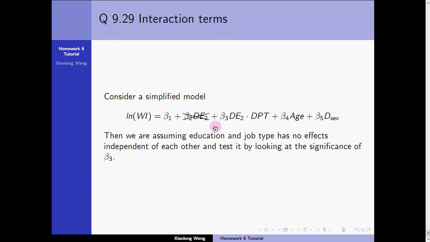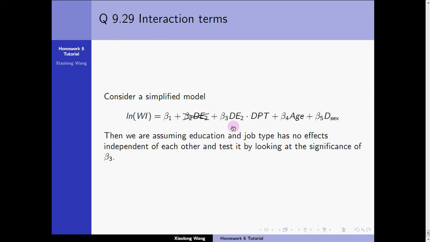So if you have either education or permanent job status, it doesn't help you in terms of your wage income. Only when you have both, you get a premium, like you earn more money through the combination of those two.